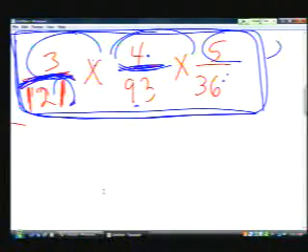I have found out by experience that rather than just taking the 3 times 4 times 5, and the 121 times 93 times 36, I try to make some simplifications first. Oh, I had the eraser on, didn't I? That wasn't good.